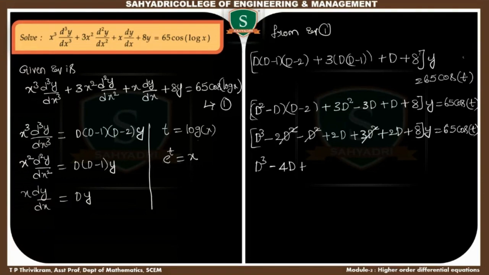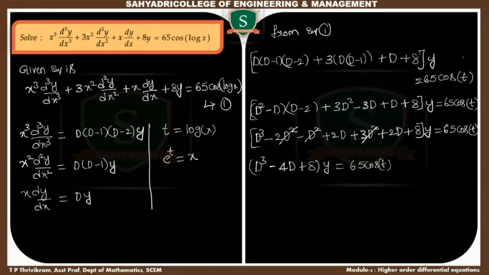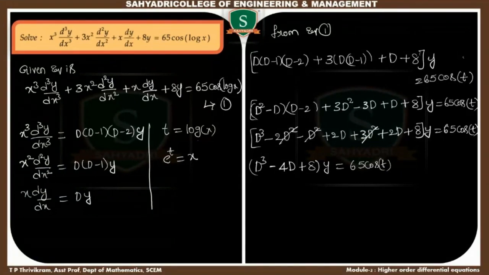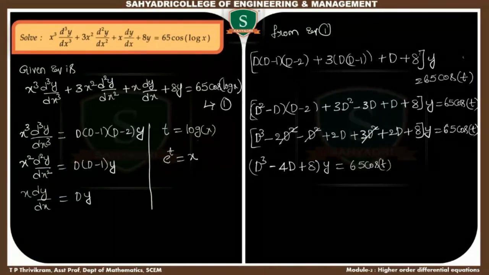Excuse me, sir, it should be 3d square minus 2d.